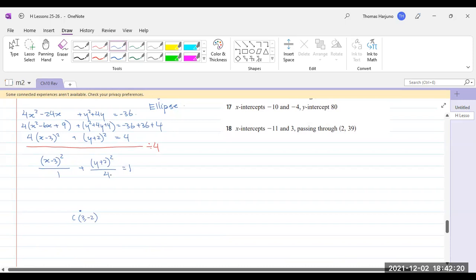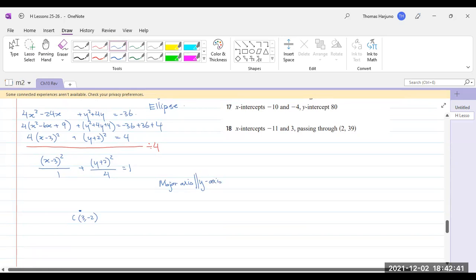Okay, and because the denominator of (y plus 2) squared is greater than the denominator of the x squared term, the major axis will be parallel to the y-axis, right?